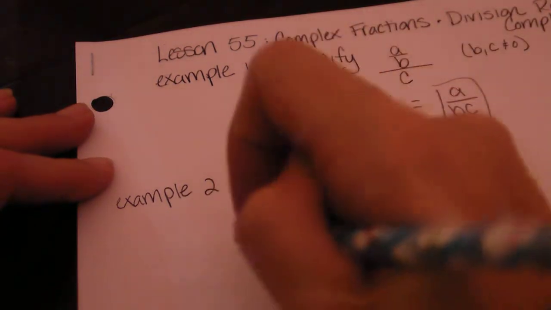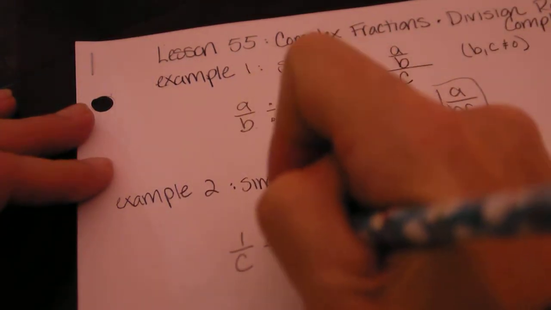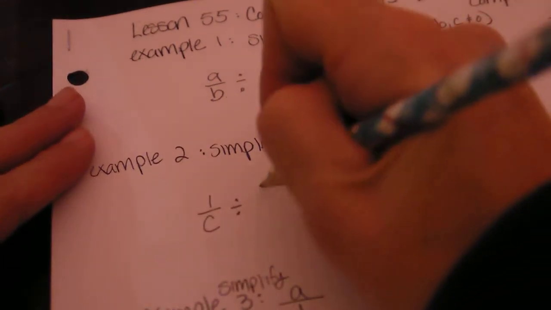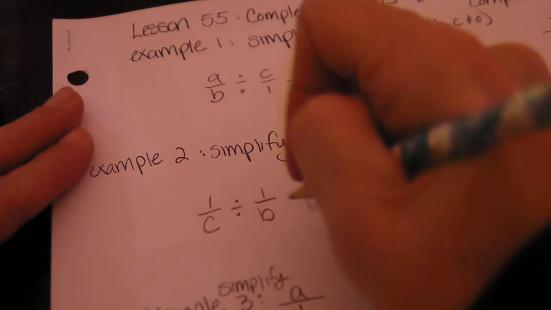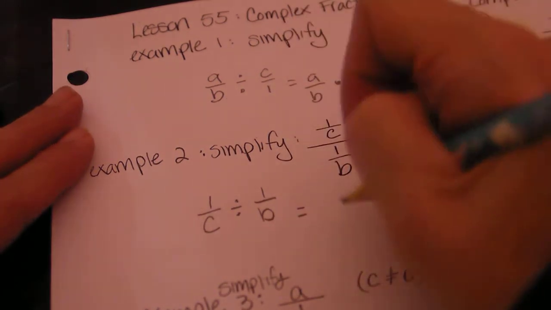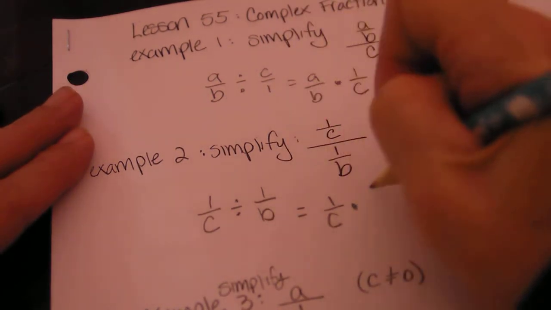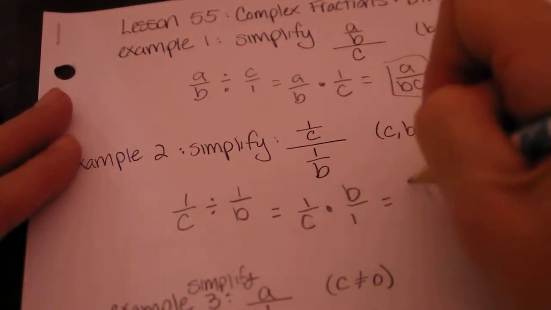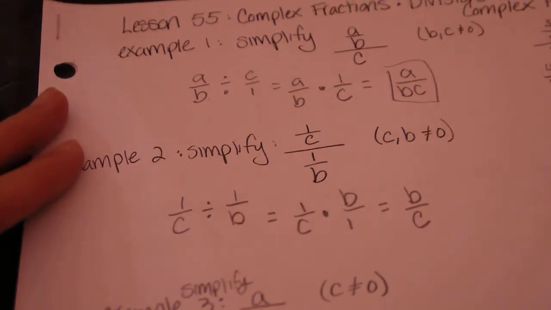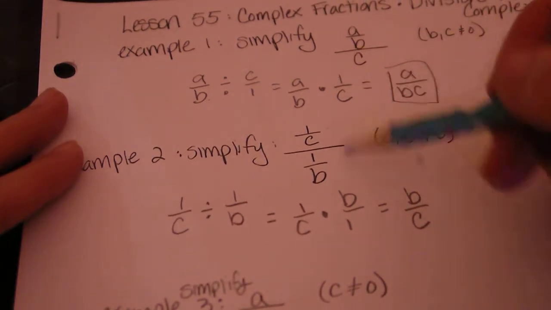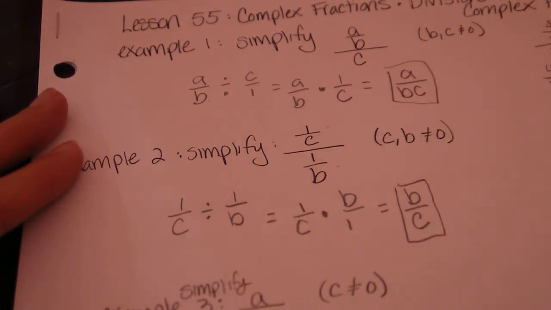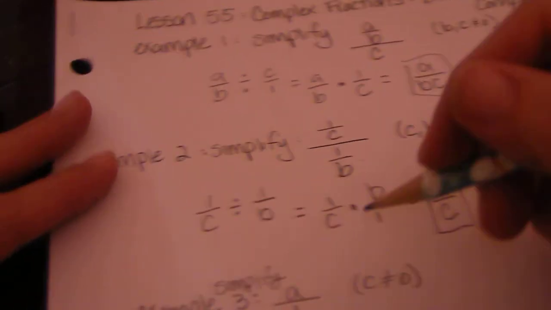So 1 over C divided by 1 over B equals 1 over C times B over 1, which equals B over C. So it simplifies to something that looks a lot better, B over C.